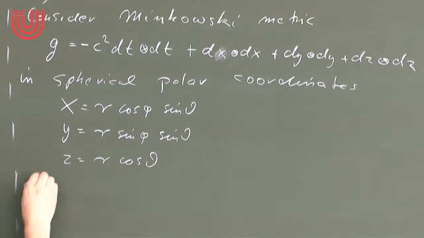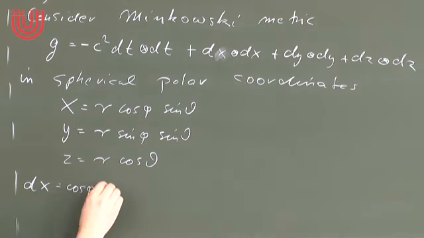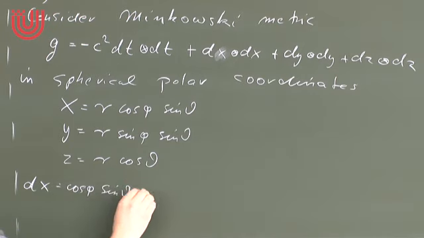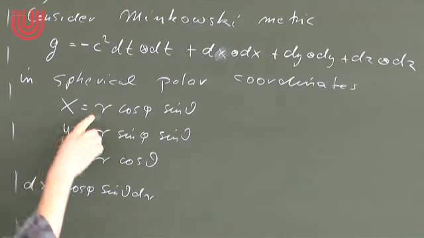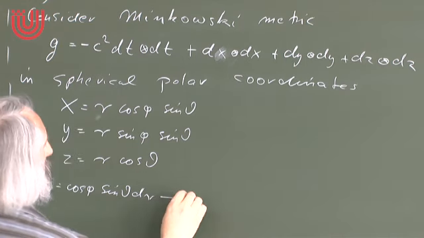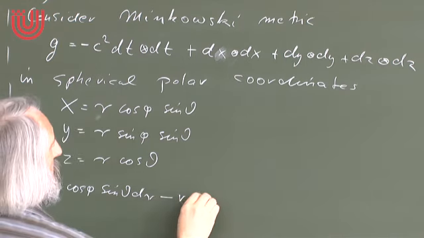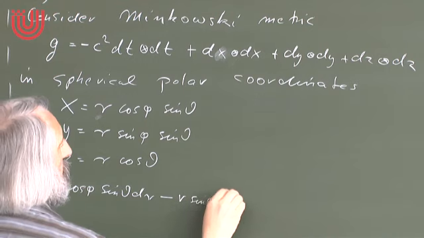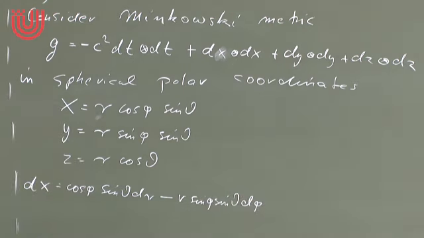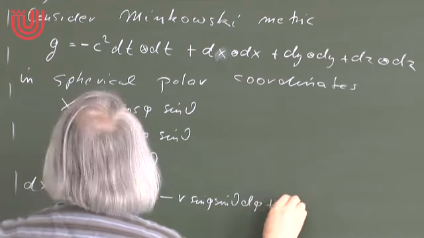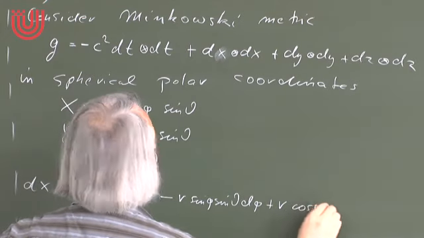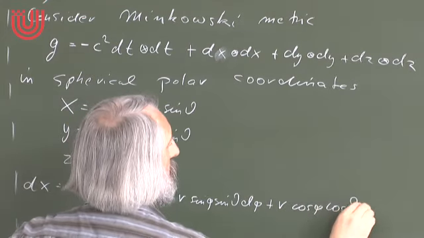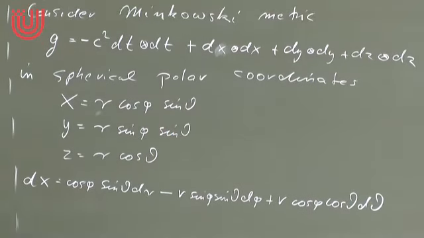So we get dx, and we write this out: cosine phi sine theta dr, having differentiated this here, then minus r sine phi sine theta d phi, plus r cosine phi cosine theta d theta.